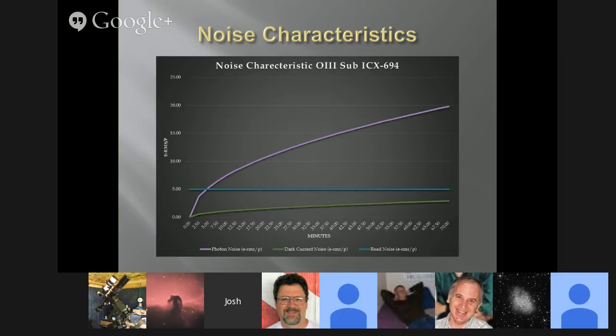Or another way of looking at it is you want your read noise to be 5% of your noise in your image. And the way to get this is to expose longer. And the reason you want this is because what you really care about is your photon signal and the photon noise. And the only way to escape that really is to expose longer.